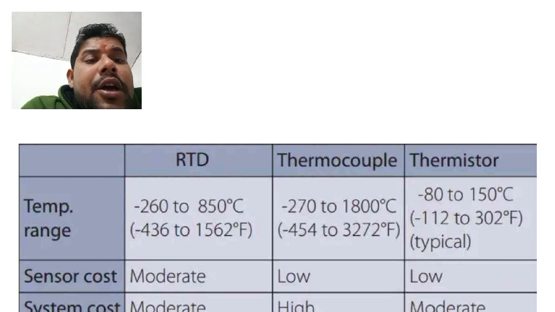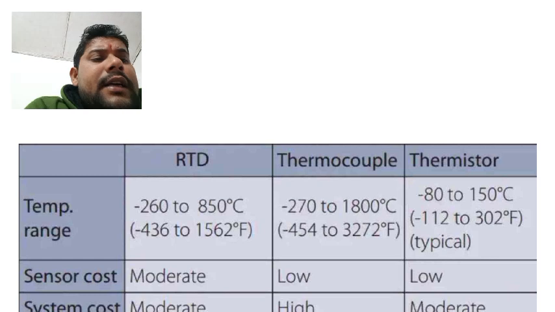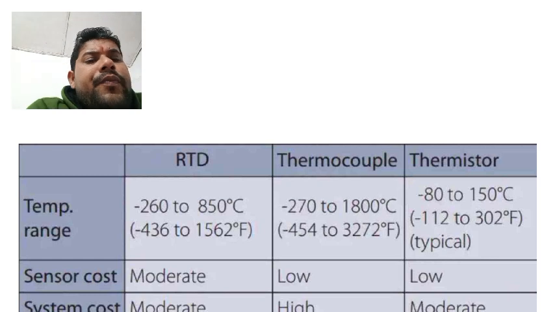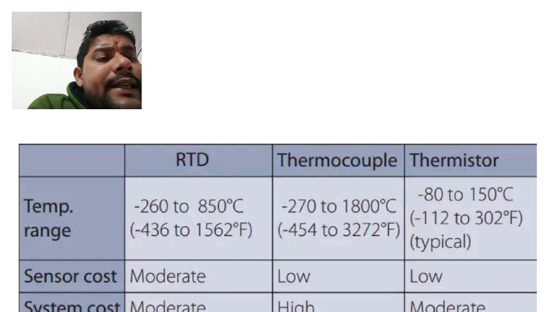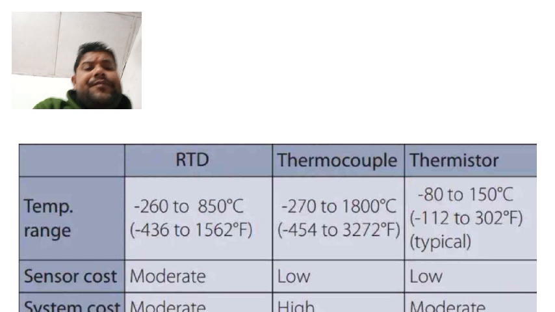Thermocouples range from minus 270 to 1800 degrees Celsius, a high temperature range. Thermistor temperature range is low, minus 80 degrees Celsius to 150 degrees Celsius.